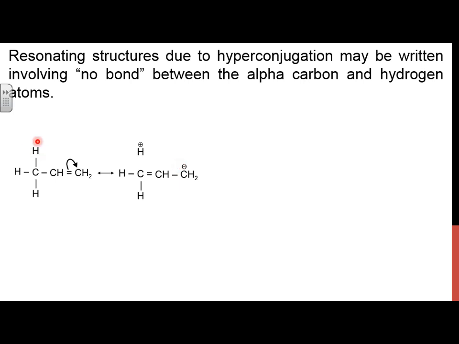We had 3 alpha hydrogen. Am I right? First time this hydrogen has given electron pair, as we can see over here. It would have been possible with this carbon.